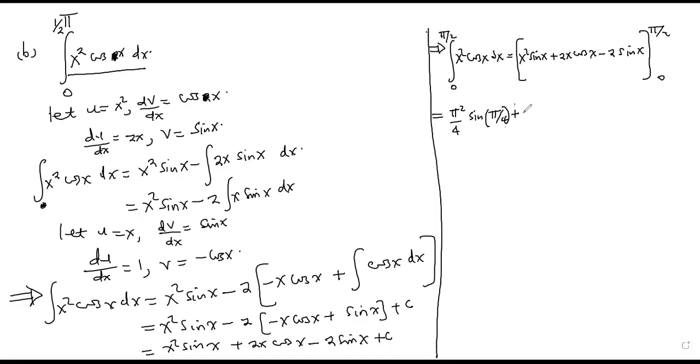then plus, they are saying 2x cos x. So 2 times pi over 2, it will be just x. It will be pi, because it will be 2 times pi over 2. A 2 will cancel with a 2, you remain with pi.